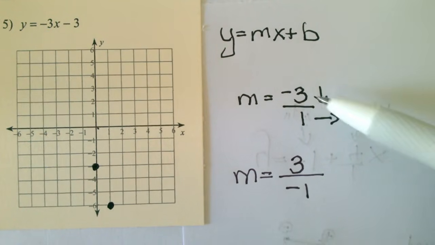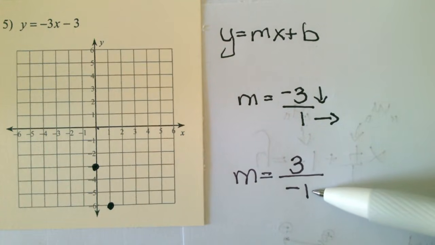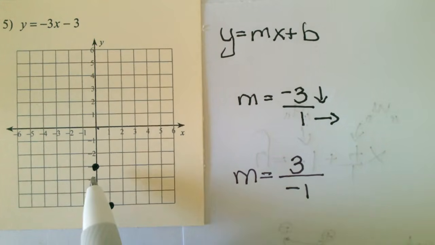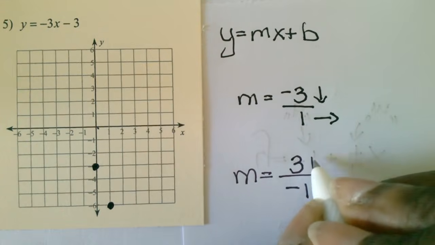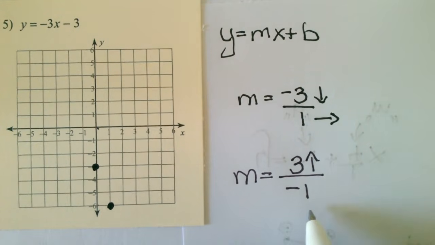So before we had the 3 that was carrying the negative, now I'm going to switch it and have the 1 carry the negative. So that means from my starting point, I'm going to go up 3. But since it's a -1, I'm going to go to the left 1.